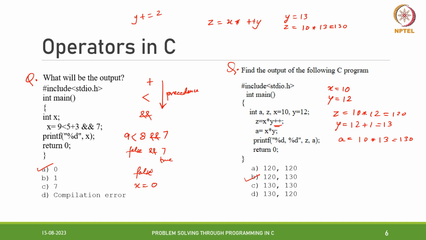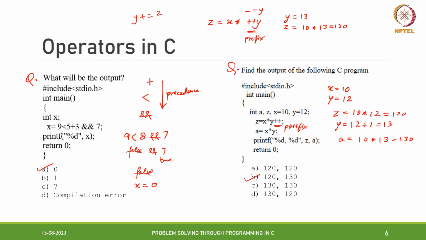This is prefix and this is postfix. In both of the cases, we will add one, sir? Yes, in both of the cases we will add 1. Similarly, it can be minus minus y, where we'll subtract, and here it will be y minus minus.